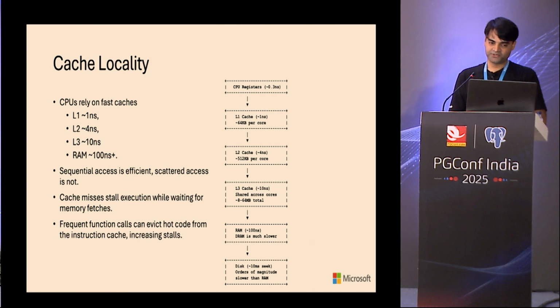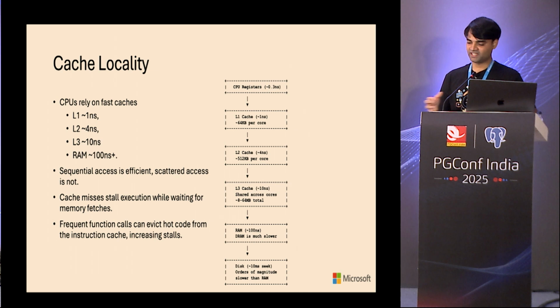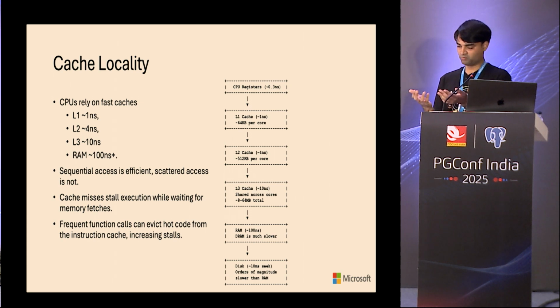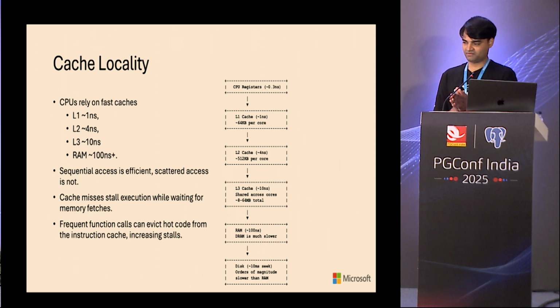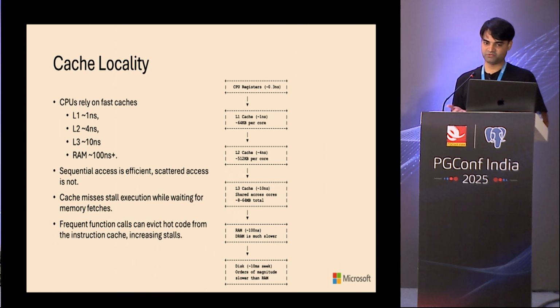So you'd like your program to have sequential memory access, and that applies to both data and instructions. For example, for data, if you lay out the data that your program is going to work on in a sequential manner, then when the CPU fetches one byte, it will fetch the next, for example, 64 bytes to put into its L1 cache. And if the program accesses the data sequentially, then it's going to run faster.